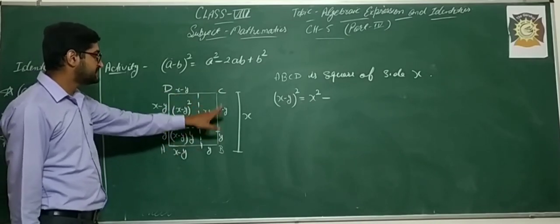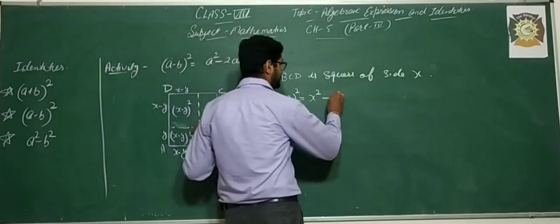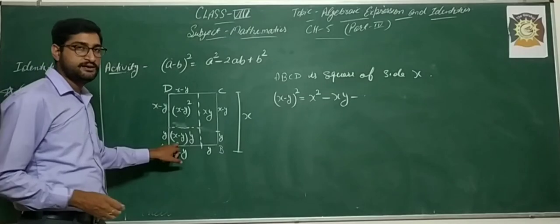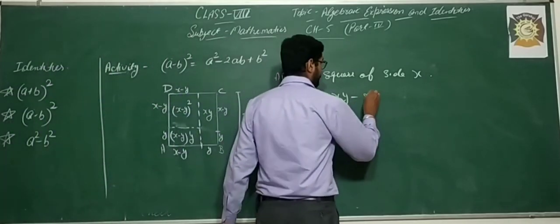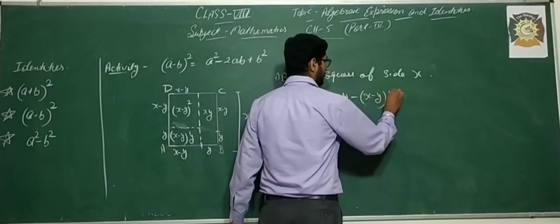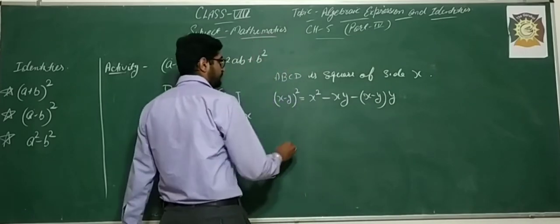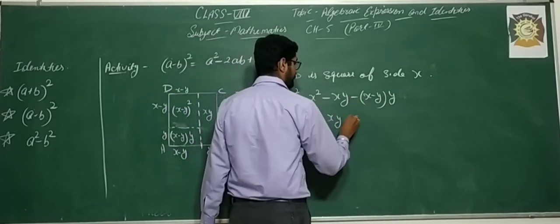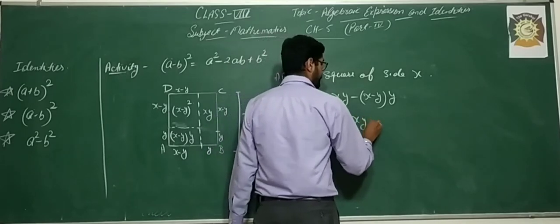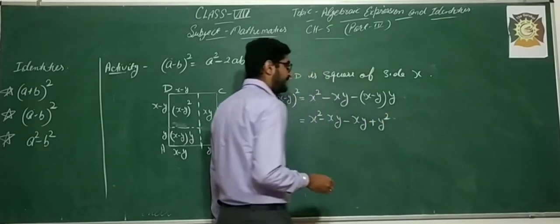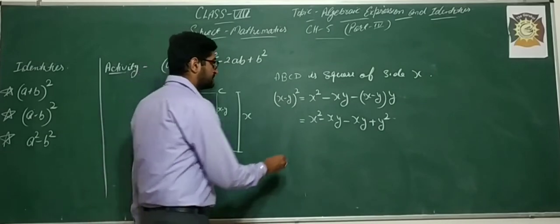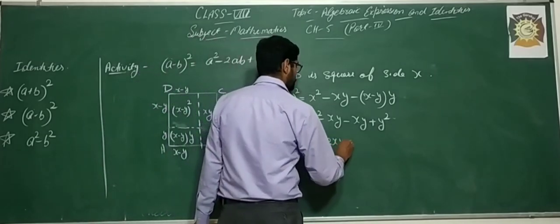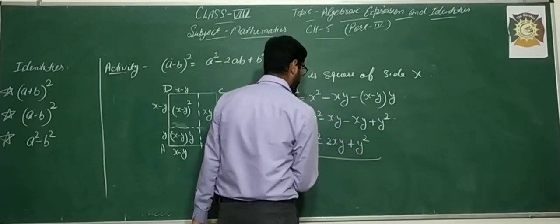The area of this rectangle is xy, minus the area of this rectangle, (x minus y) into y. So now you will see x square minus xy minus xy plus y square, and when we solve this, this is x square minus 2xy plus y square.